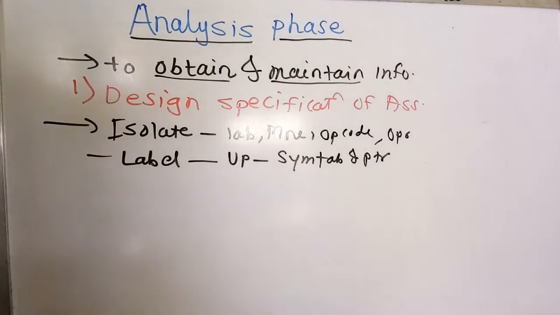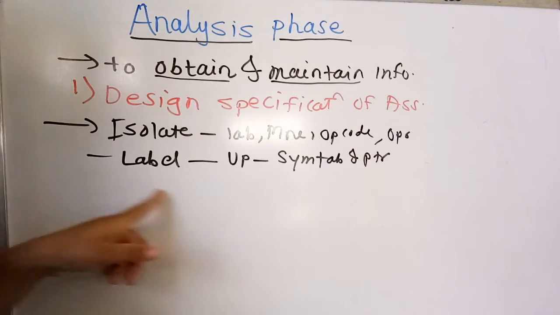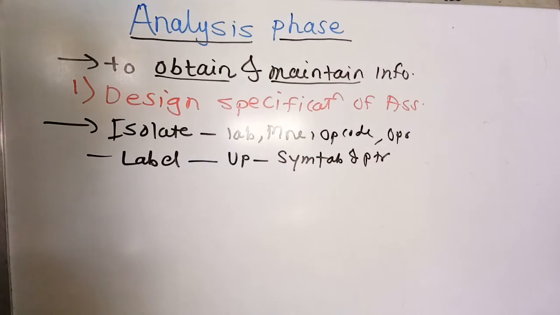So when the label comes, the updating of the symbol table and its pointer will be done. Next, check the validity of the mnemonic operation code through a lookup in the operation table and perform the location counter processing of the data. This is the first step.